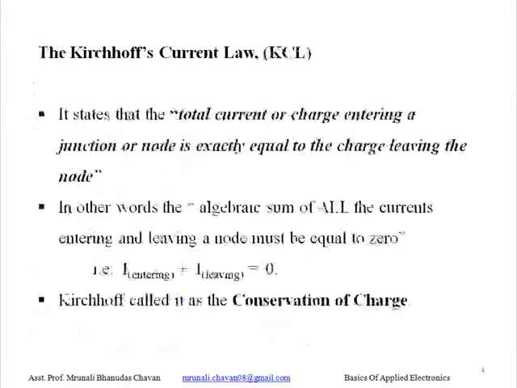So we will see Kirchhoff's current law first, in short KCL. It states that the total current or charge entering a junction or node is exactly equal to the charge leaving the node. I will repeat the statement again.